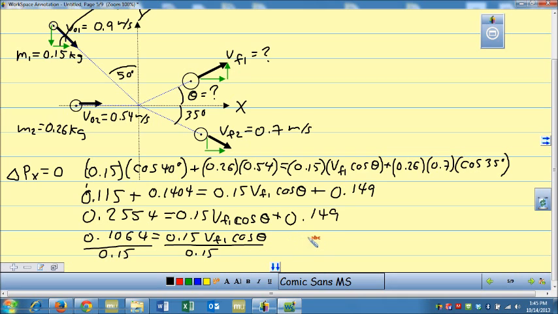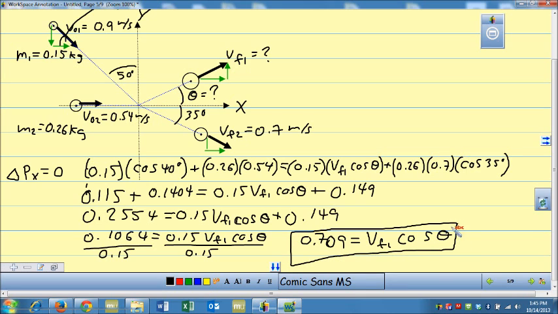Okay, 0.7009 equals VF1 cosine theta. Okay, so that's a pretty key piece there. That's about as simple as I can get this whole momentum in the x direction situation.